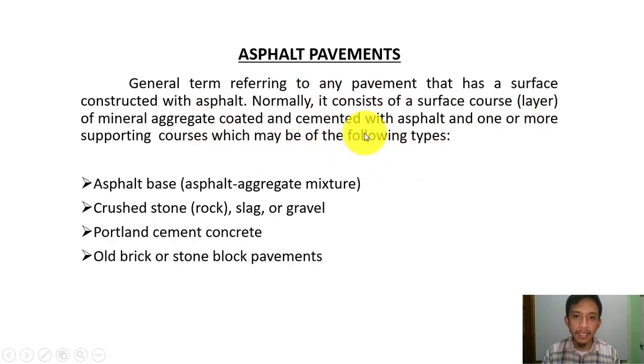The base course could be an asphalt base, which is a mixture of asphalt and aggregate. So you have the soil which is well compacted, and then you create a base which is a mixture of asphalt and larger sizes of aggregates before you lay out the layers of your asphalt pavement.